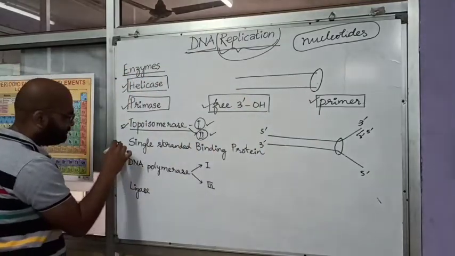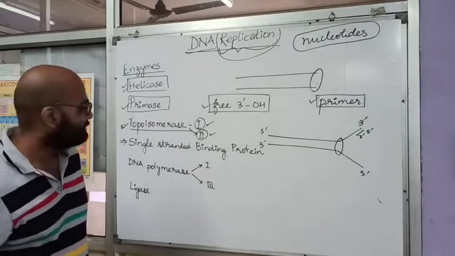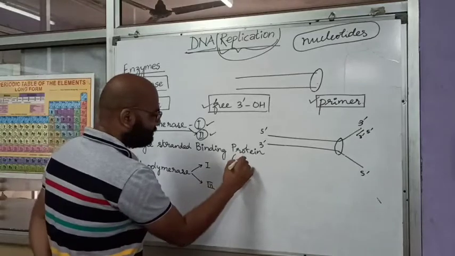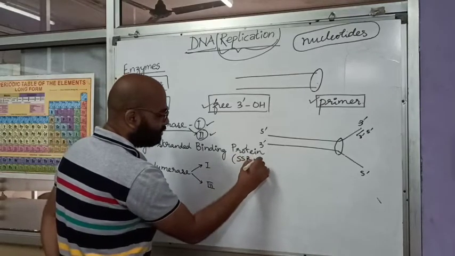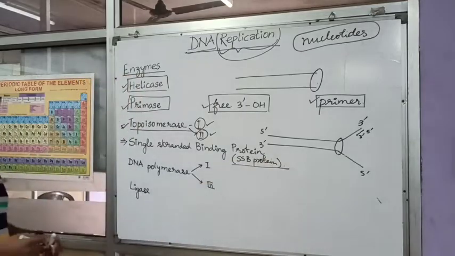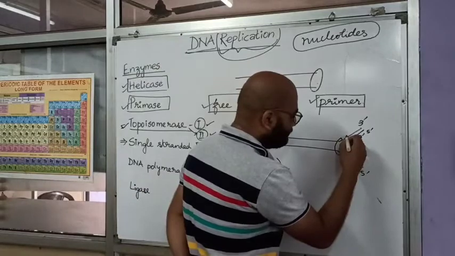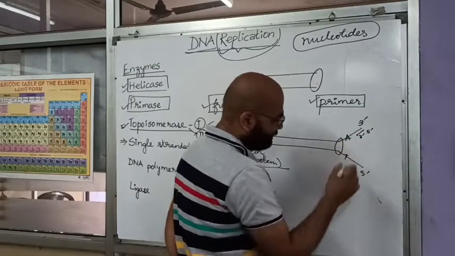The second thing, the other enzyme, that is single stranded binding protein. This is simply also known as SSB protein. So what it does, see, suppose we know that it was adenine, it was thymine.